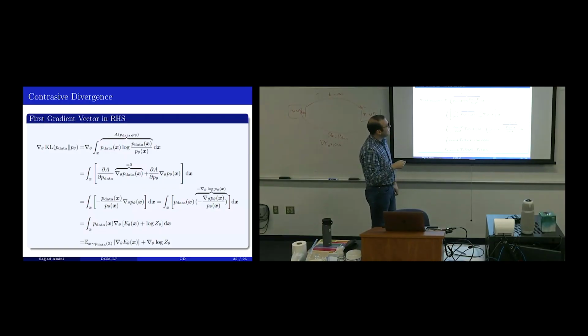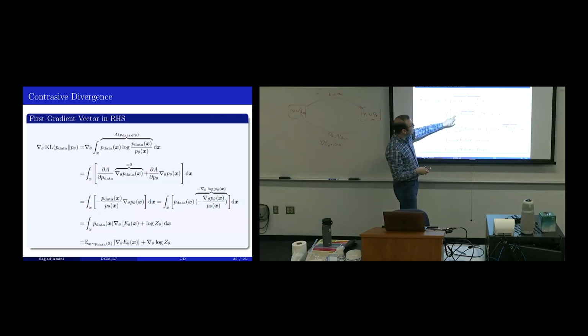But we have a point. What is the gradient of p data with respect to theta? It is 0, because it's the data distribution. So I just have the first one. Now I calculate this term, the differential of A with respect to p data here, just taking the gradient of this term with respect to p data.